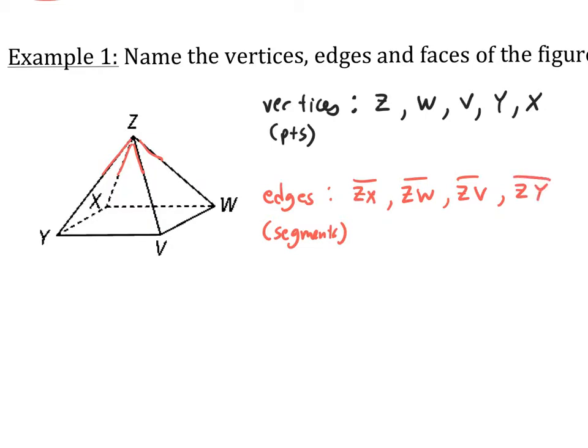Now that's not all of them, because I've only done the 4 that shower down. Now I've got the 4 that are wrapping around the bottom there. So next up is YX, and I'm just going to go around like so, YX, XW, segment WV, and segment VY.